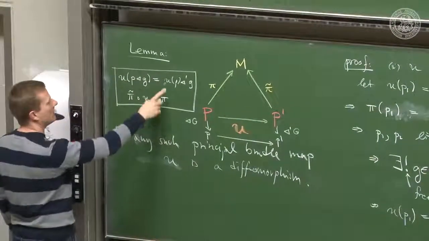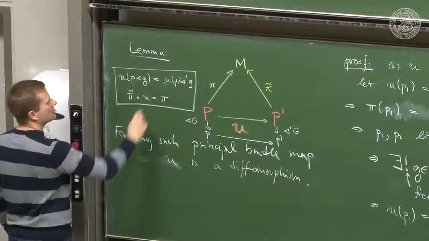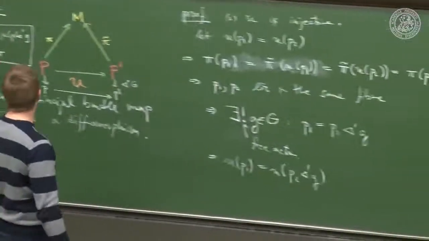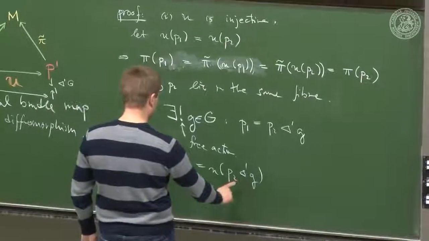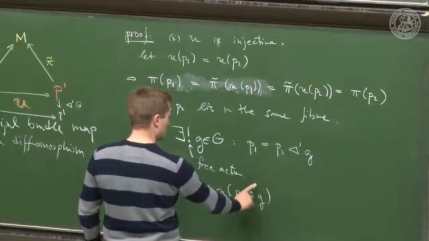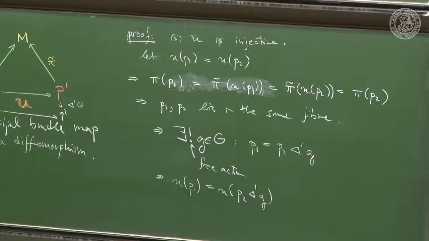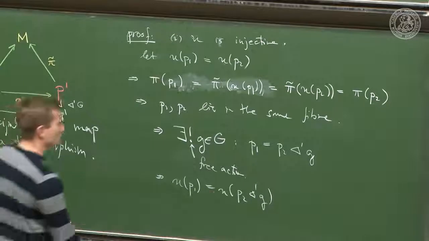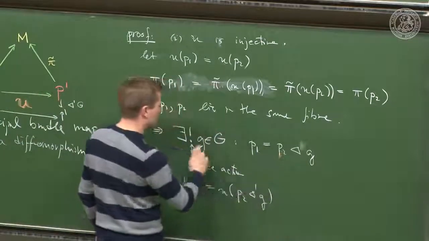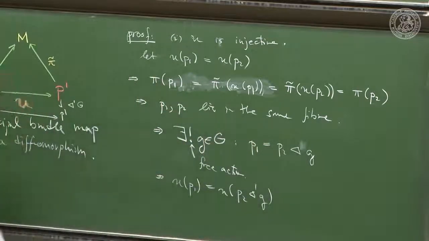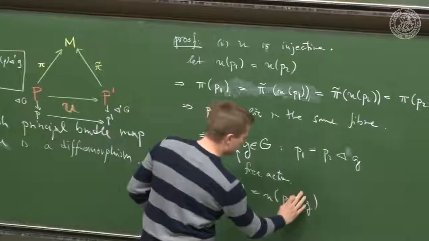This was just the bundle map, but now we use the principal bundle map property. U of P1 is P2 acted on by G. The prime is wrong. There is no prime here, because P1 and P2 both lie here. We don't need the prime here.